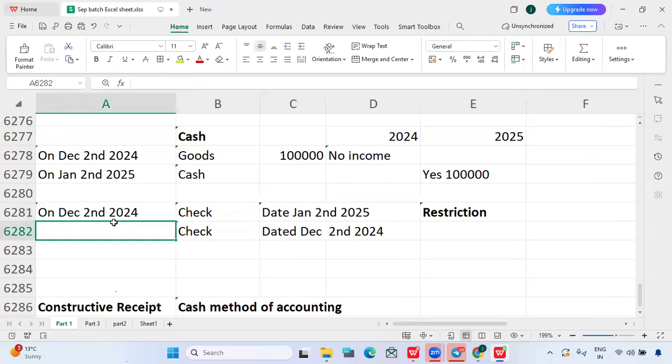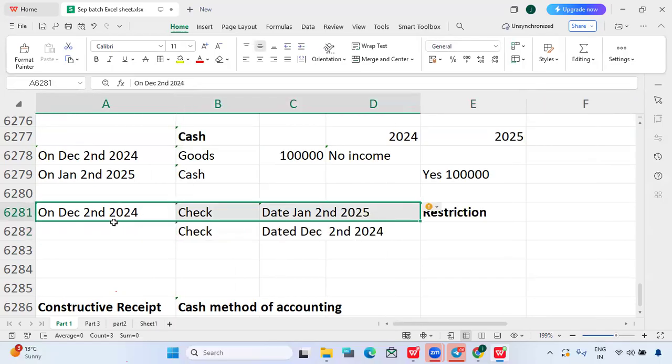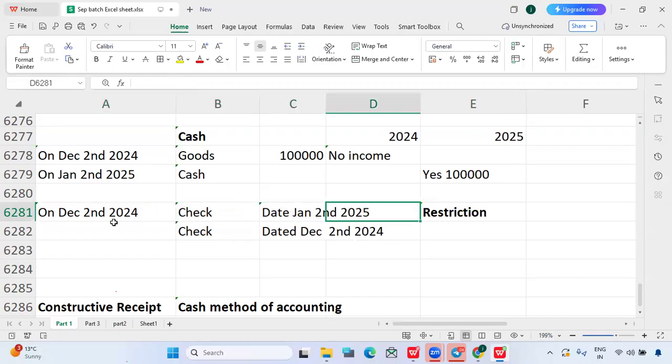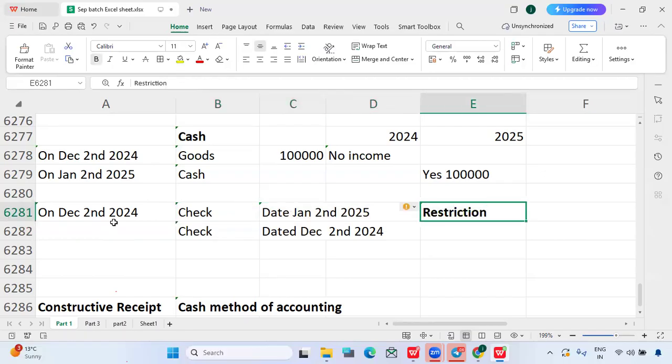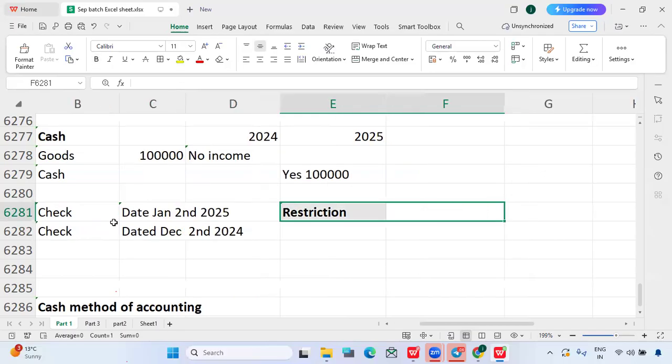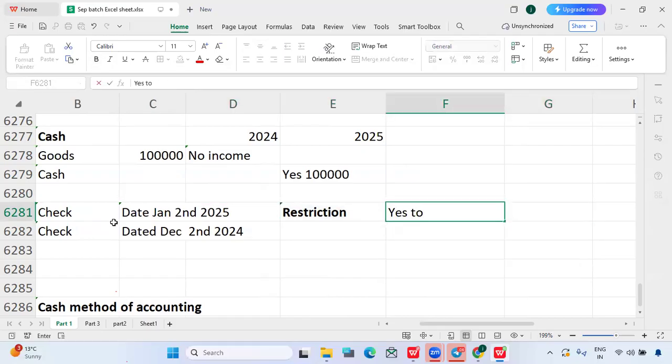What is the restriction, guys? The restriction is you cannot encash the money on December 2nd itself. When can we encash the money? We can encash the money on January 2nd, 2025. That means we have a restriction to collect the money. So do we have any restriction in this case? Yes, we have restrictions to collect or encash the money.